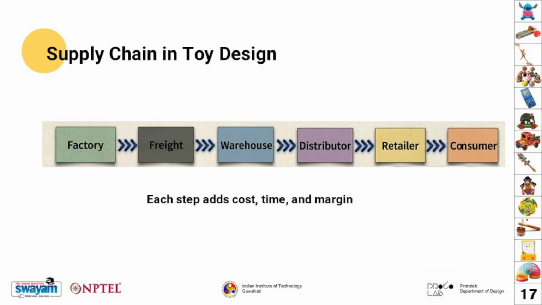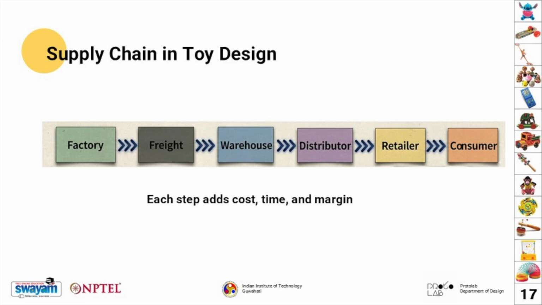Freight is charged either by weight or by volume. And toys, because of packaging, are often charged by volume. If your packaging design is inefficient, you are increasing freight cost before the toy even reaches a warehouse.